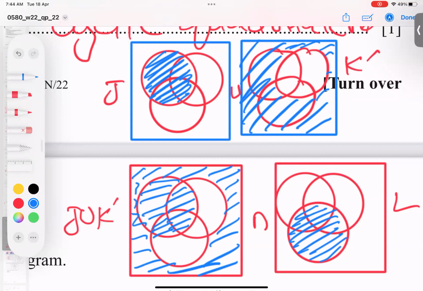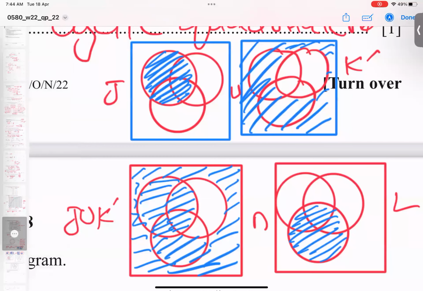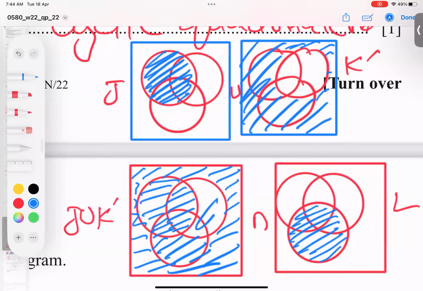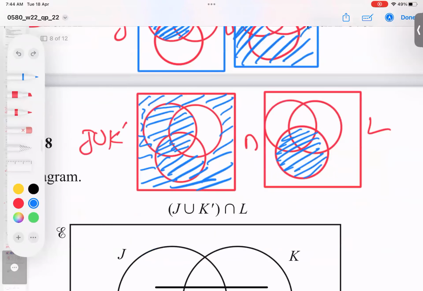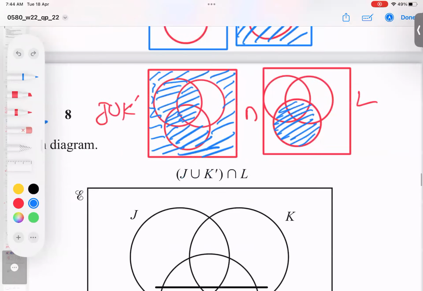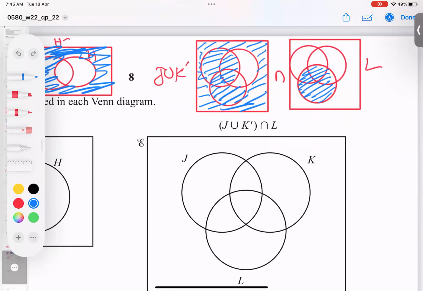And what is left? I think two white regions are common from both, so I will not take them. But what about this part? Yes, I will take it. So you see, two white portions we do not take, except those. Now what is the common shading here? So this part and this part are common, so I take it.